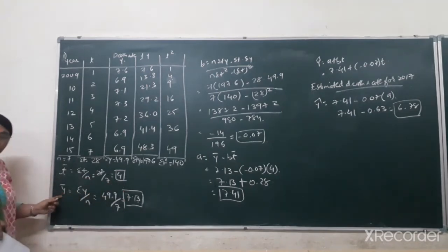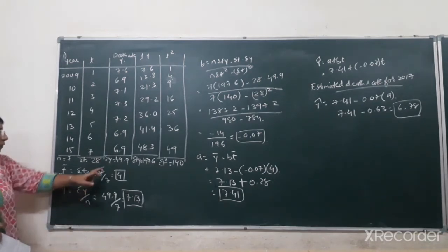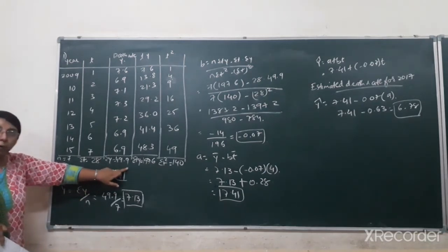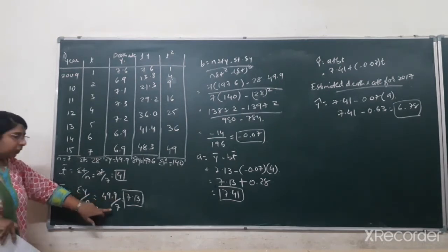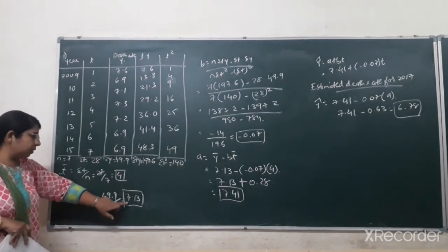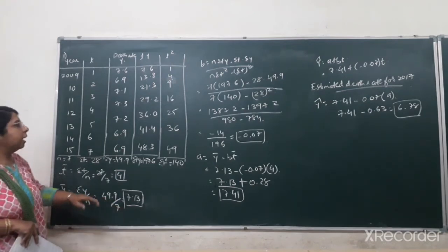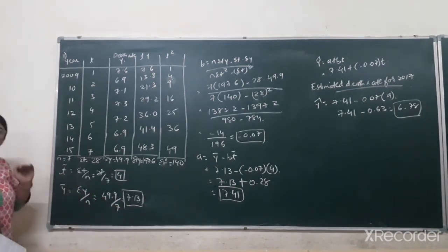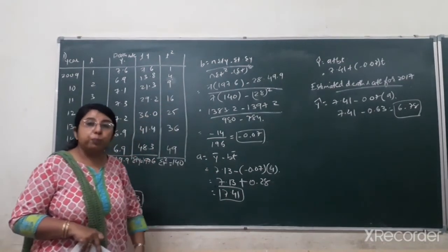In the same way, y bar is equal to sigma y upon n. So sigma y, already we have found out, that is 49.9, upon n, that will be same, that is 7. So 49.9 divided by 7, y bar, that will come to 7.13. Okay. Now after finding t bar and y bar, our next step is to apply the main formula, that is to find the value of b.